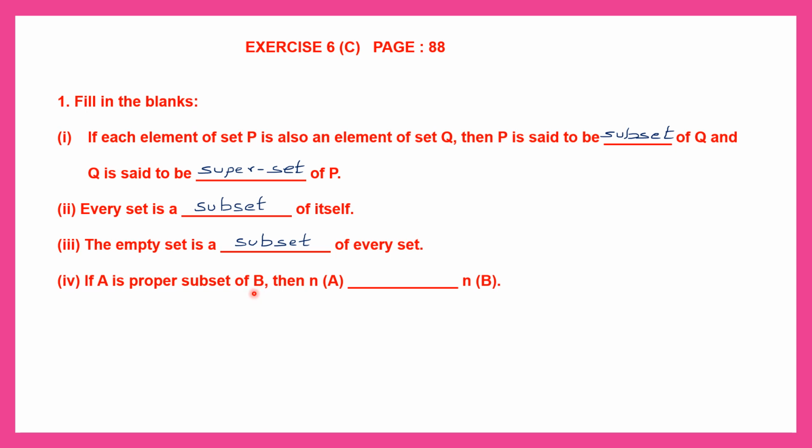So here the question is, now A is a proper subset of B. That means there will be one set less in set A, isn't it? So the cardinal number of A will be less than the cardinal number of B.